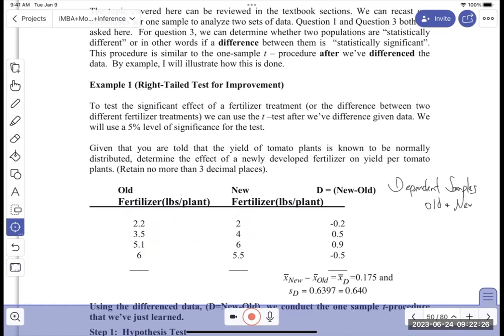So what we do with that is we collapse them into a difference set by taking the new one. Now you've got to be careful about how you subtract them. That's about it, really. You subtract them and you make them a single data set.